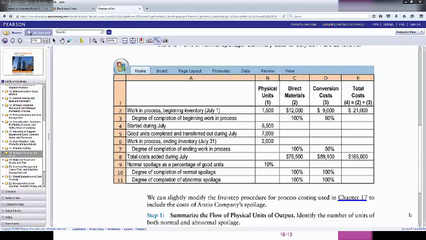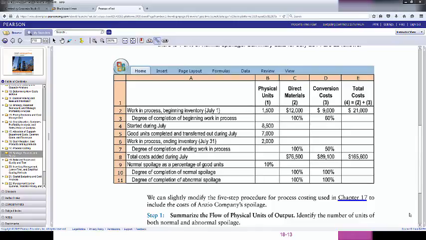So they are only going to get 50% of their conversion cost allotted to them in our process cost documentation. Our total cost added during the month of July is $76,500 in direct materials and $89,100 as to conversion cost, for a total of $165,600.